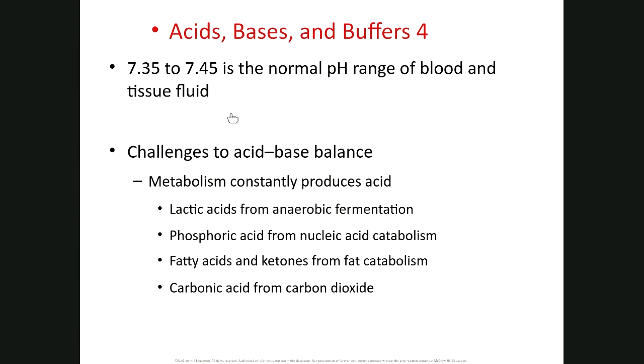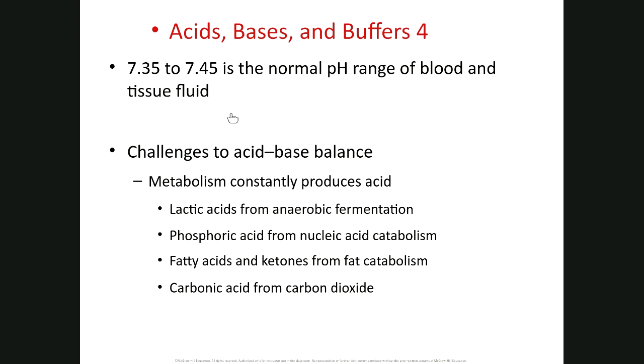Also, lactic acid from metabolism can contribute to acids and affect this. This is the pH level of the blood itself, because you can have gastric secretions at a pH level of 2 and even 1 because it's hydrochloric acid. So what we're talking about is of the blood.